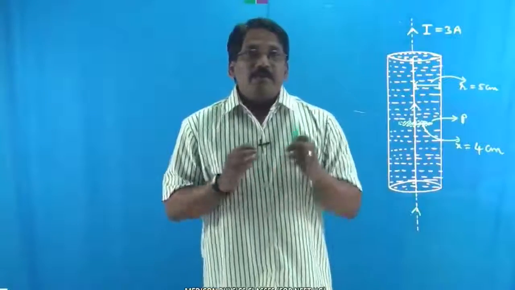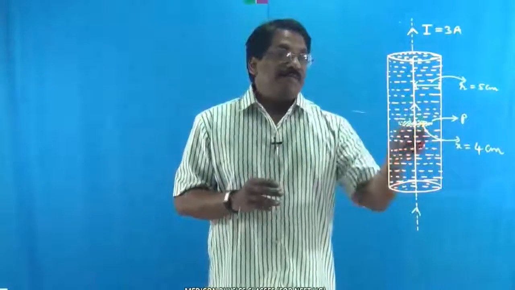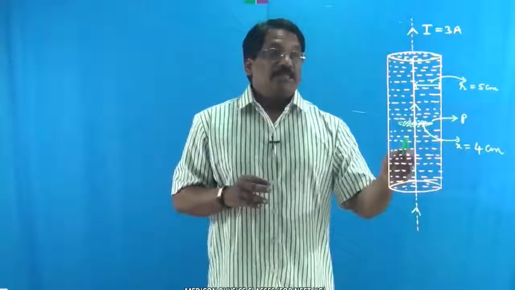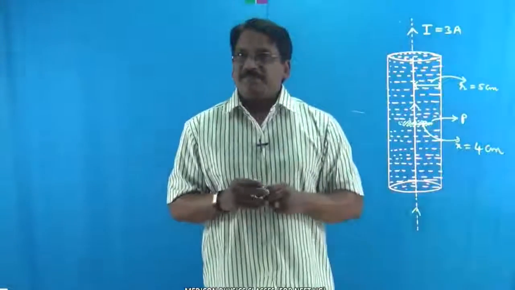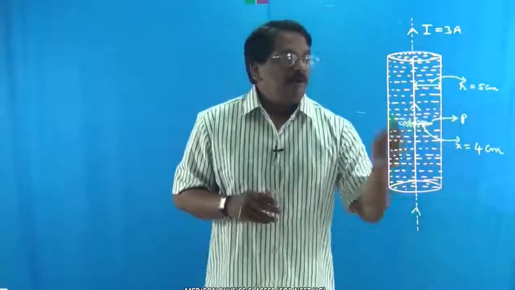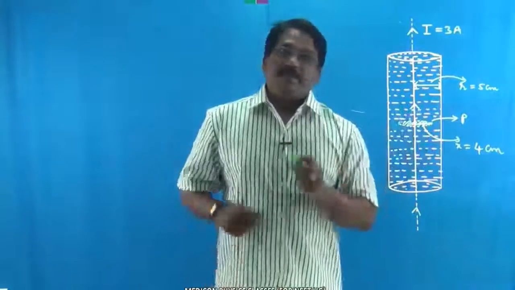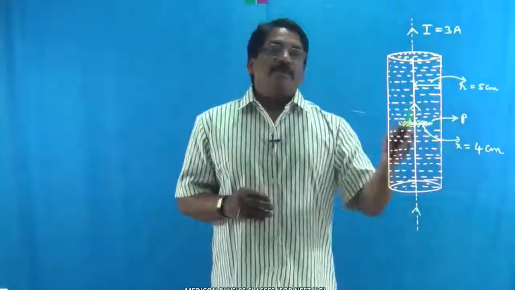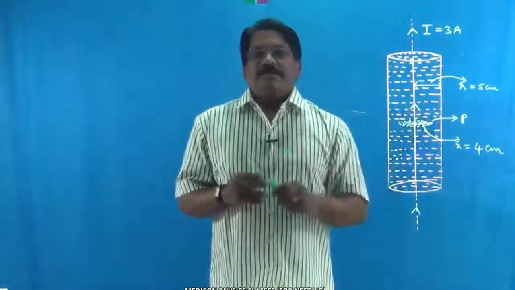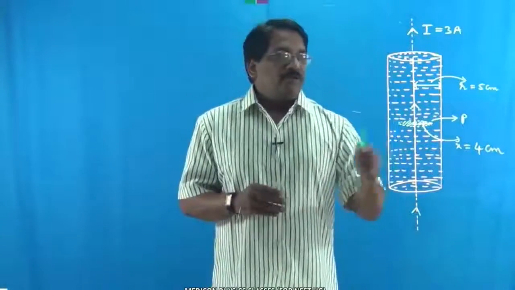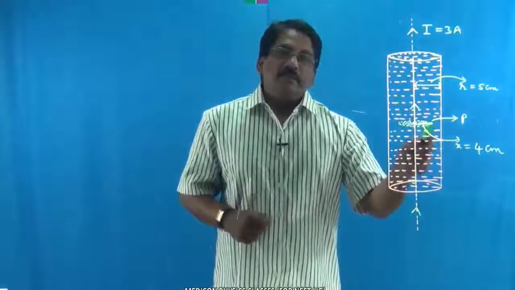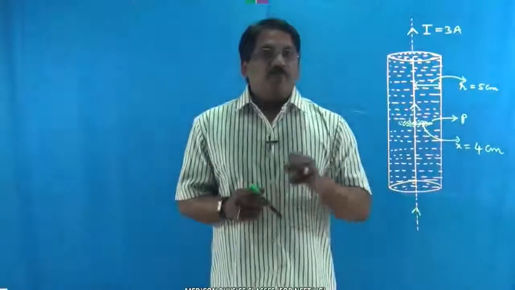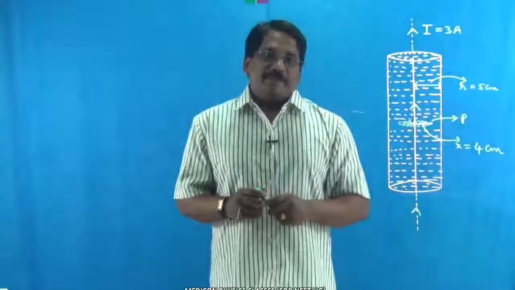But when a point is given within the conductor, here in this case the radius is 5 centimeters, and the distance of the point from the axis is only 4 centimeters. It means the point lies inside the conductor. So when we refer to a point inside the conductor, we have to be cautious with two important modifications.